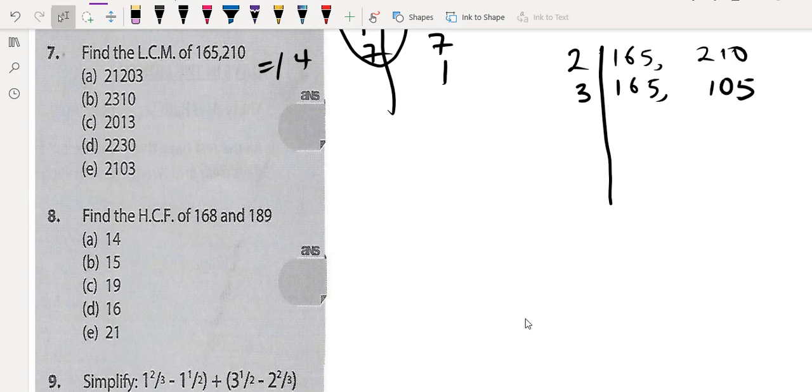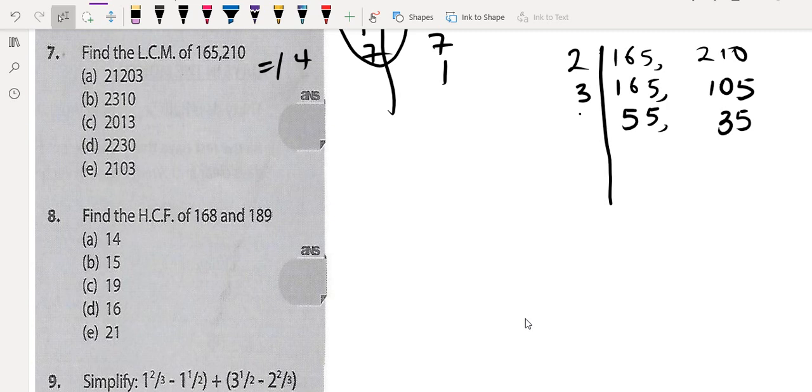Yes. 3 into 165 is 55. 3 into 210 is 70. Can 3 divide any? No. So go to 5.